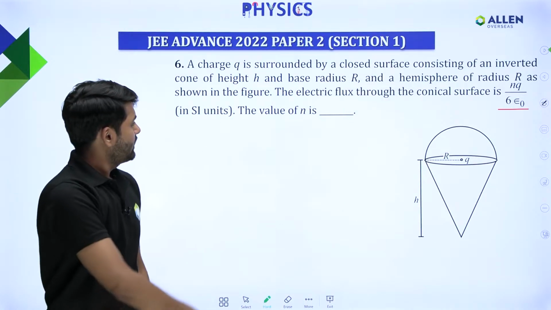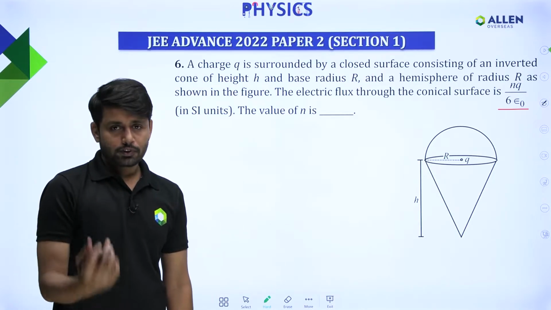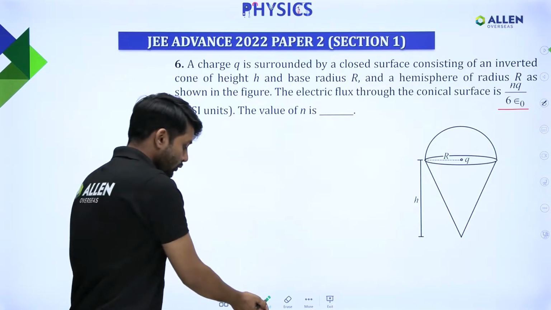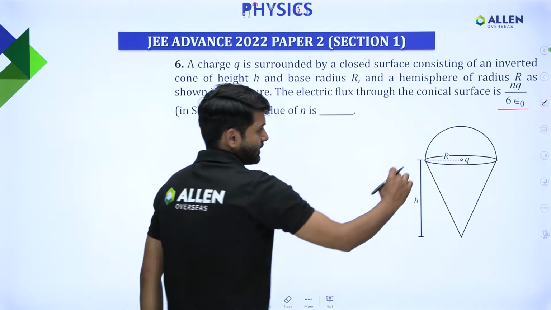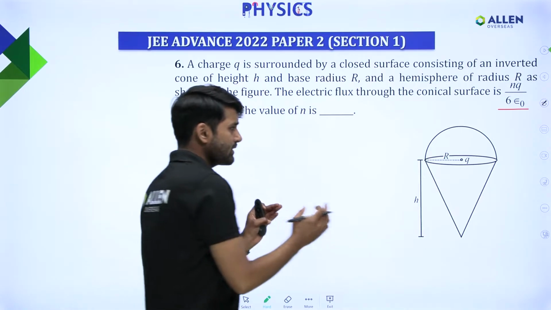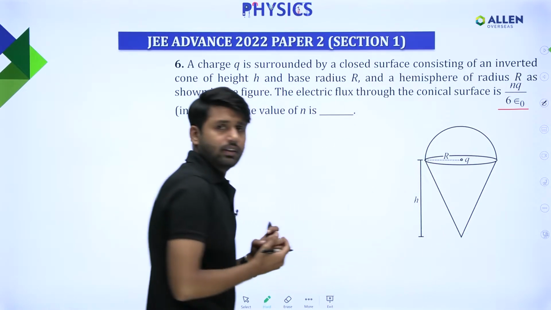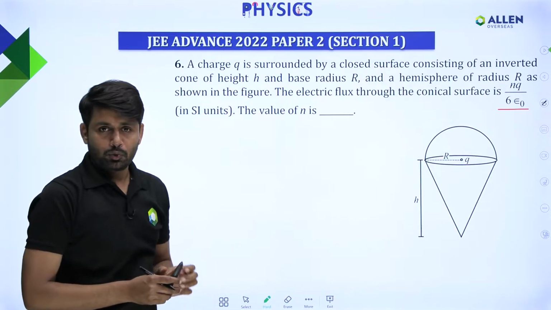In SI units, the value of small n is. So we have to find the value of small n. Okay, so the figure is given. You can see here, in this figure, this is the charge, this is the hemisphere, and this is the inverted cone. So this charge is surrounded completely by this hemisphere and by this inverted cone, right?